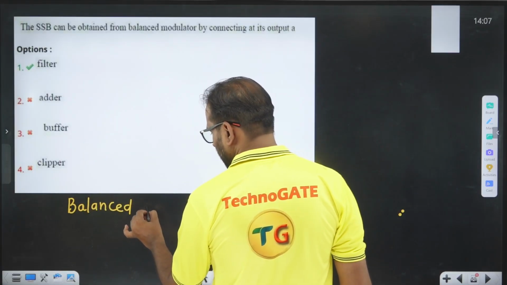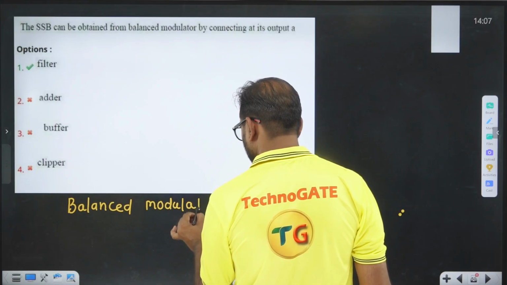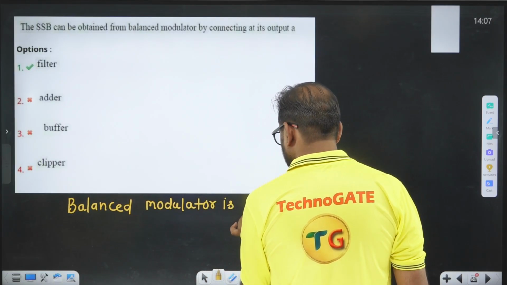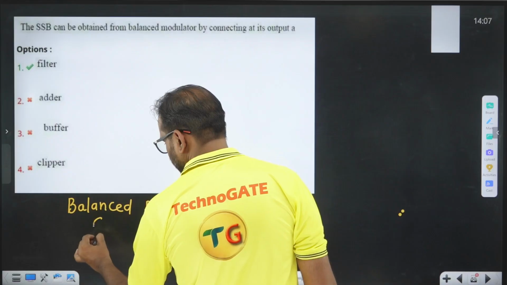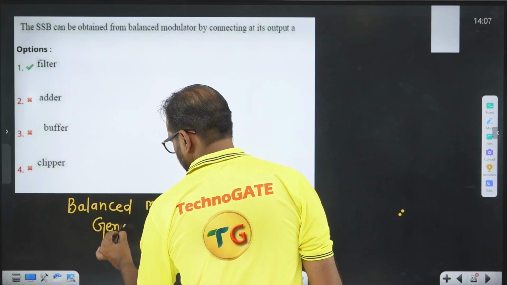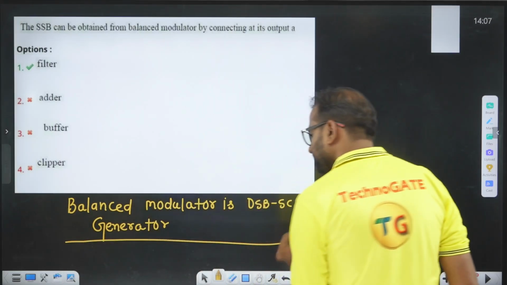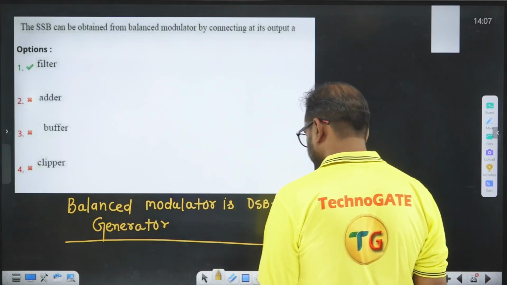What is a balanced modulator? A balanced modulator is a DSB SC generator.